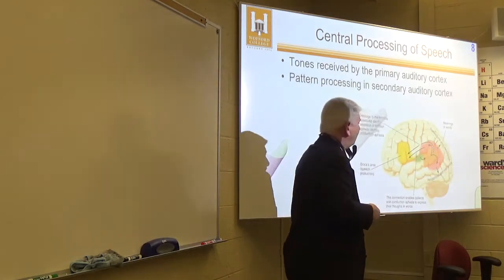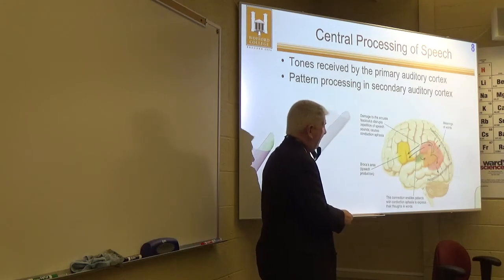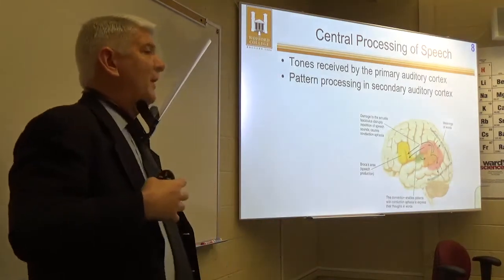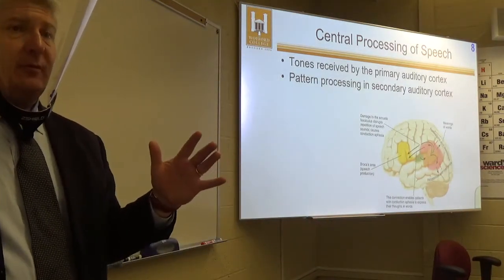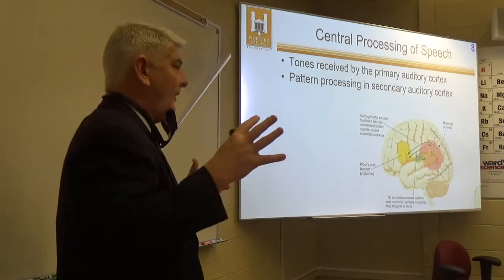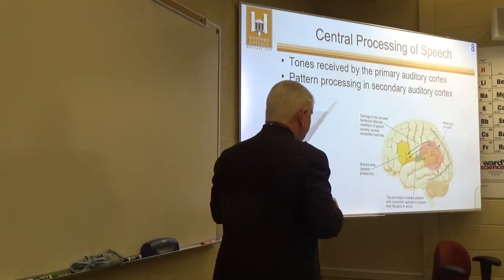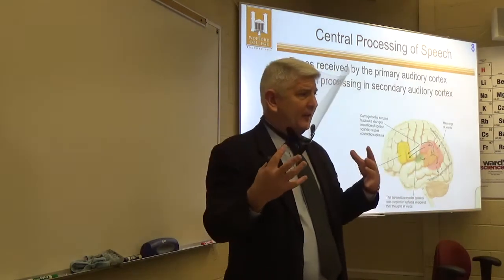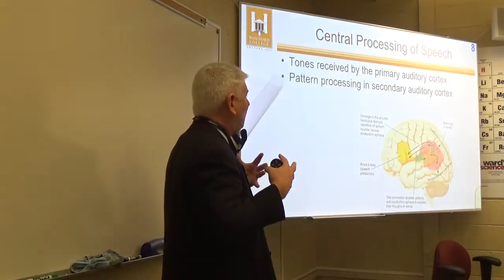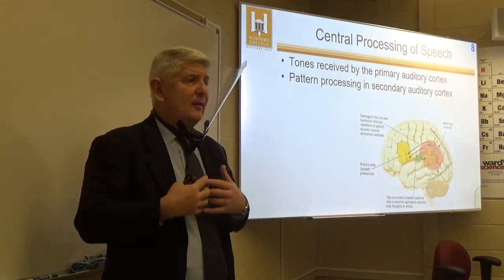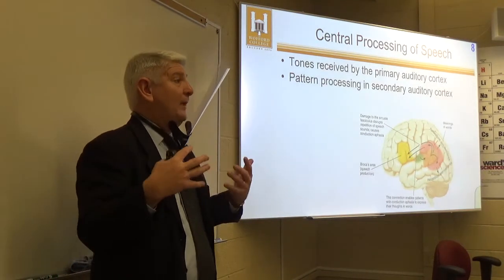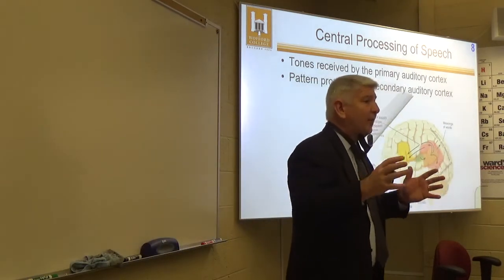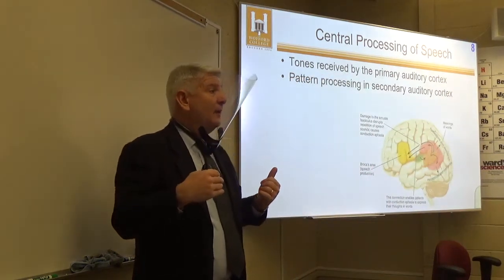All right, so tones come in through the primary auditory cortex in the superior temporal gyrus. When that pattern of columns, so remember we have columns there that are being activated by the incoming frequencies from the cochlea, and that place coding that's happening there, is recognized as speech, then it gets routed from both the left and the right auditory cortex.